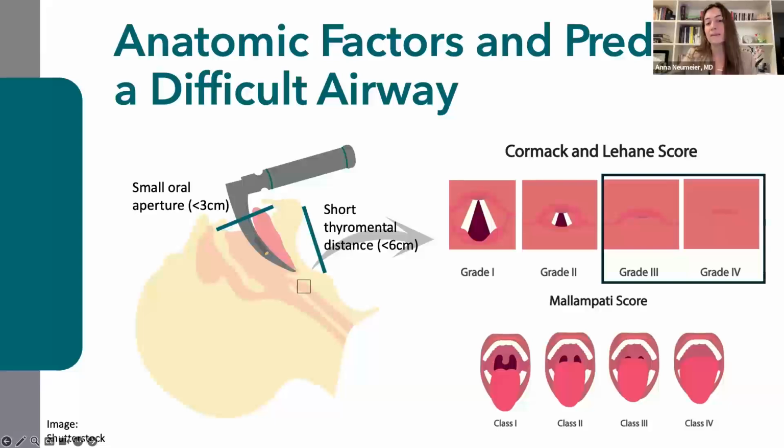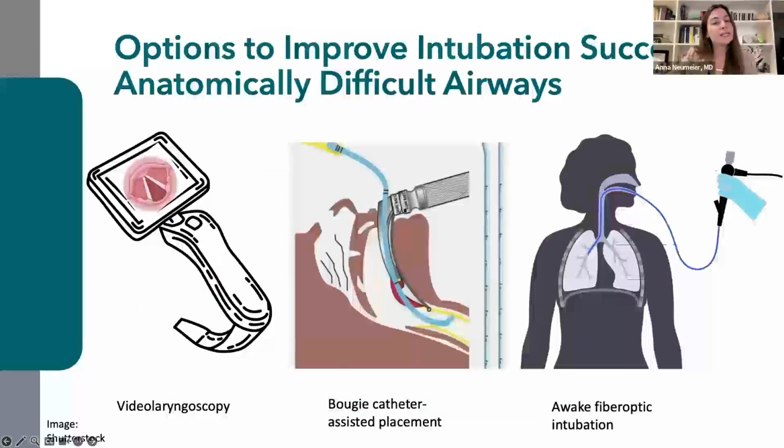And then finally, having a Mallampati score of 3 or 4 has been shown to be associated with higher Cormack and Lehane scores. If you identify anatomic factors associated with difficult airways, there are techniques to improve the likelihood of success.